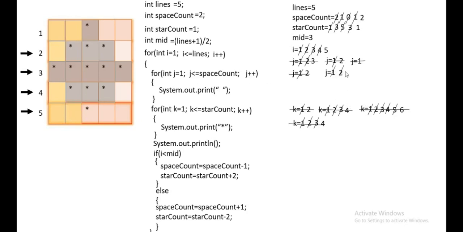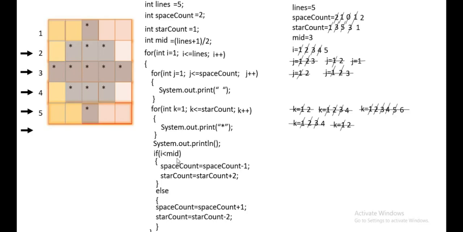Then j becomes 3, but 3 is not less than or equal to 2, so end this for loop and come to the next for loop, k equals 1. 1 is less than or equal to 1, so print a star. Now k becomes 2, but 2 is not less than or equal to 1, so end this for loop and come to this line, print a new line.